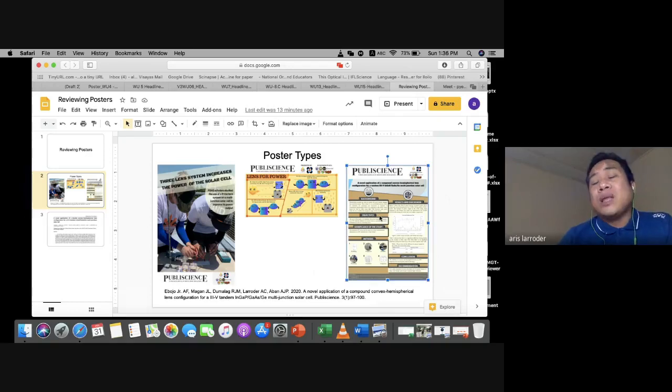Whereas in the case of a technical poster, you already have here the title, the background, the aims and the objectives, the significance of the study, the methods, just like any other posters.